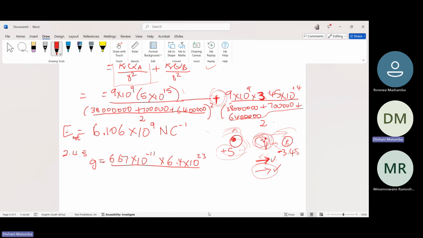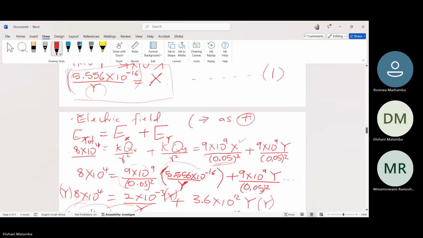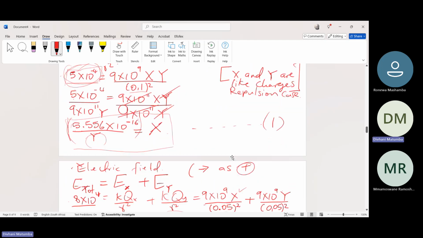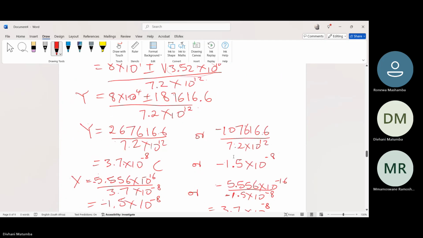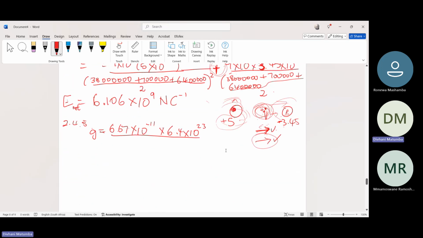What will be the value of R? What will be the value of R? Mamsan. It will be the same.